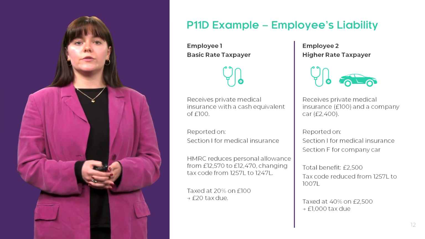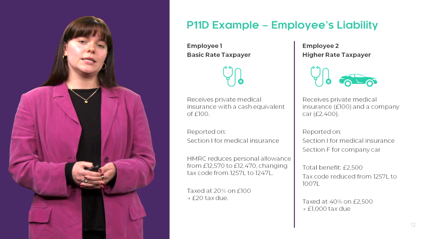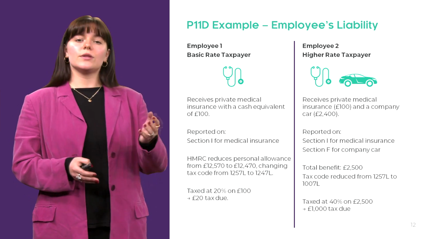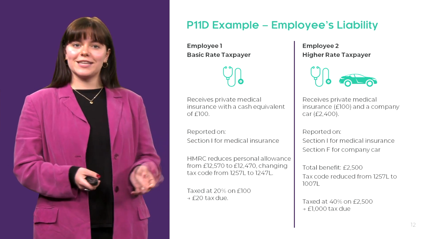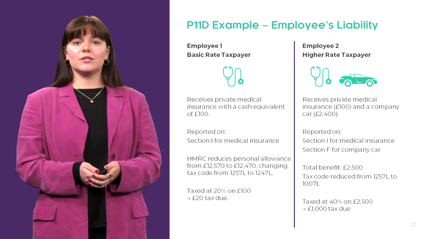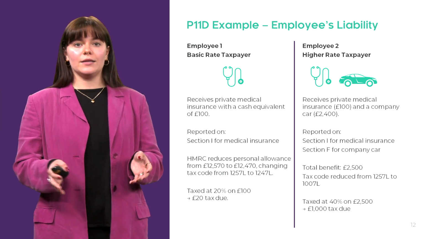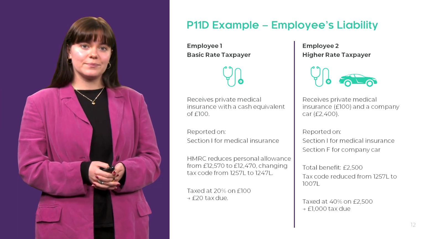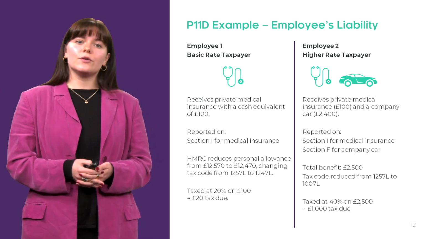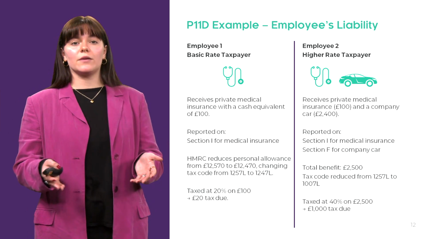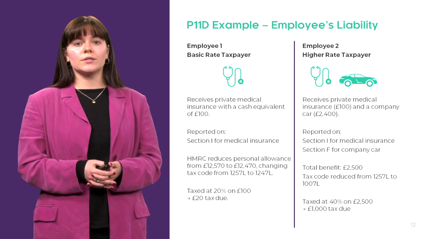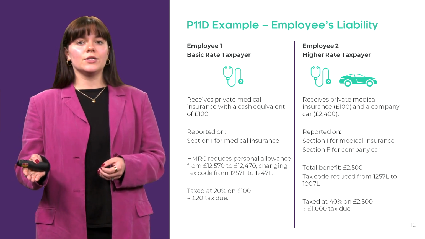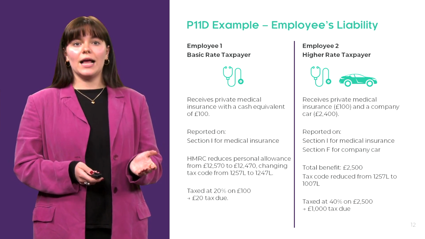Moving on to the other employee, who is a higher rate taxpayer, and they received the same private medical insurance and also a company car. The cash equivalent of these benefits is £100 and £2,400, as we worked out earlier in the session. The private medical insurance would be input in Section I on the P11D, and the company car would be input into Section F. Following the submission of these forms, since the total cash equivalent of these benefits is £2,500, the employee's tax code will change from the standard 1257L to 1007L.